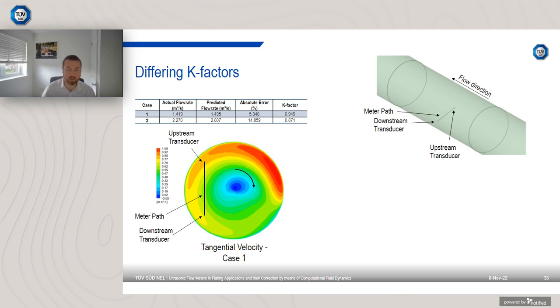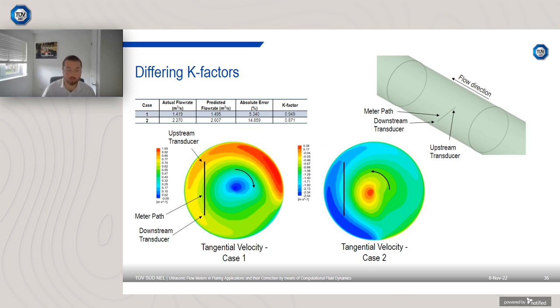Now the arrow on both of these contour plots dictates the rotational flow, so hopefully you remember for case 1 it's flowing clockwise, and for case 2 it's flowing anti-clockwise. So if you think about the meter path, the path starts at the top on the left hand side of the pipe and moves downwards.